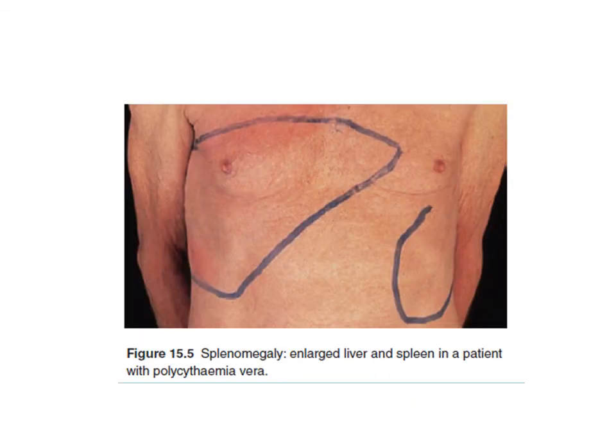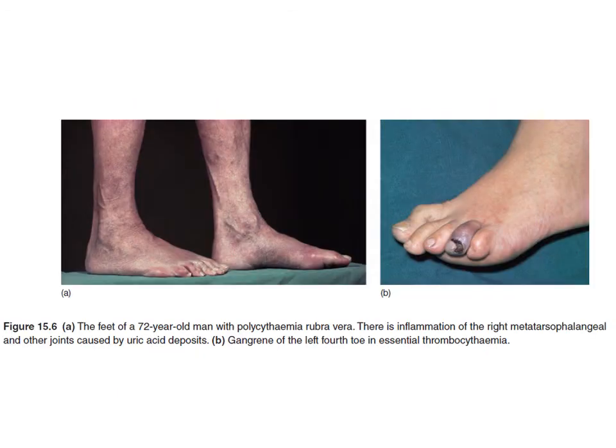Now, what are the clinical features in these patients? The disease occurs insidiously, usually in late life. Here you can see the feet of a 72-year-old man with polycythemia rubra vera. There is inflammation of the right metatarsophalangeal and other joints caused by uric acid deposits.